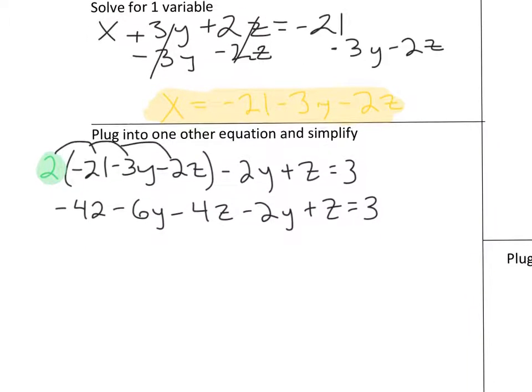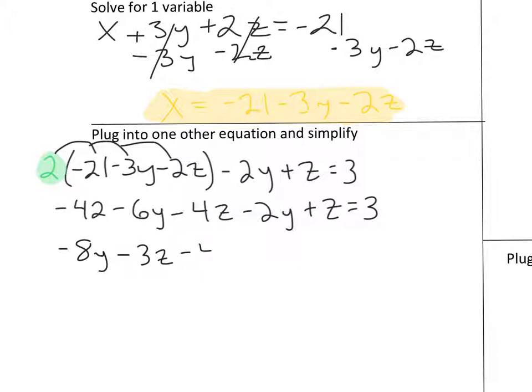All right. Now, this problem looks pretty massive right now, but we're going to condense it down because we've got some like terms. Notice here I've got a minus 6y and a minus 2y. I can combine that, and when you subtract them, you should end up with minus 8y. We also have some z's we can combine. I have a minus 4z and a plus z. That can give me a minus 3z.